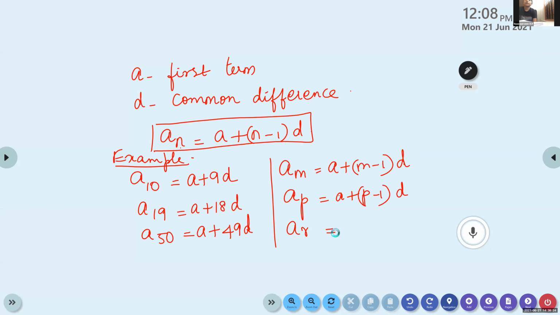AR equals A plus R minus 1 into D. Very good. A plus R minus 1 into D.